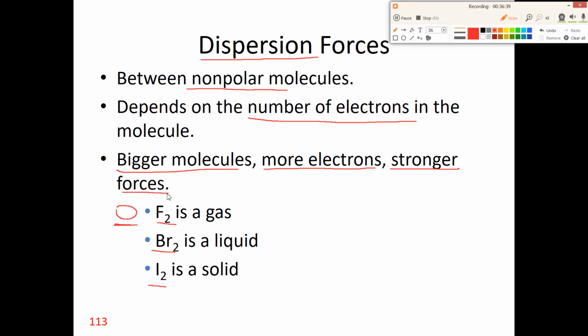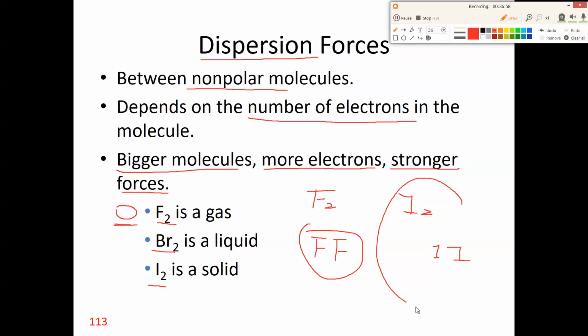So what happens here is, we can compare fluorine and iodine. If we have a molecule like F-F, I just put it here, it has electrons, right? Iodine has more electrons, maybe bigger. So the electrons can go further away from the nucleus in iodine. However, in fluorine gas, the electrons are closer to the fluorine.